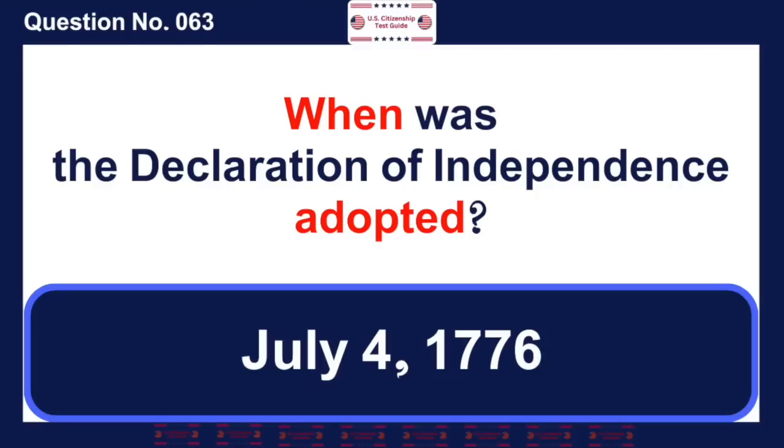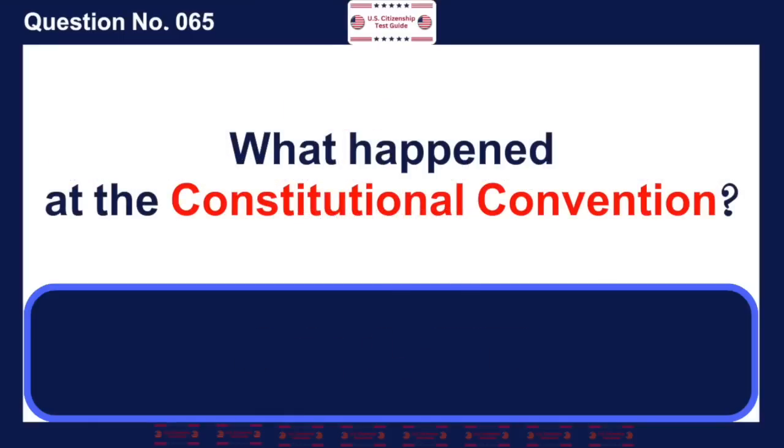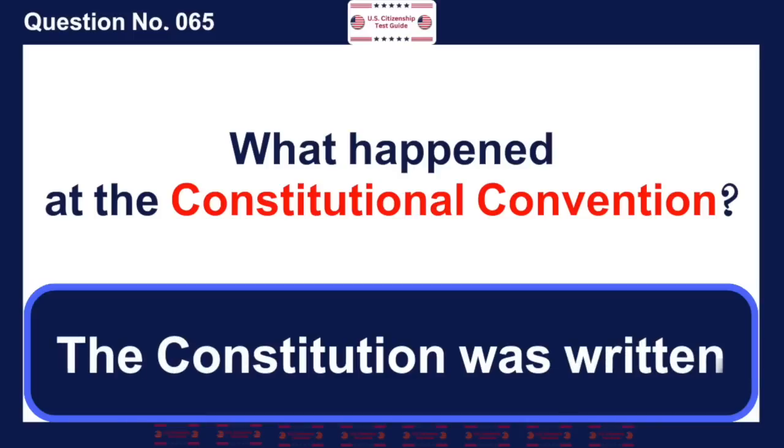July 4, 1776. What happened at the Constitutional Convention? The Constitution was written.